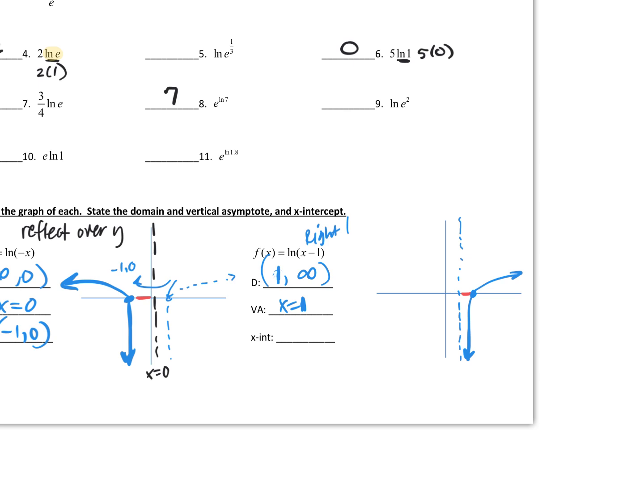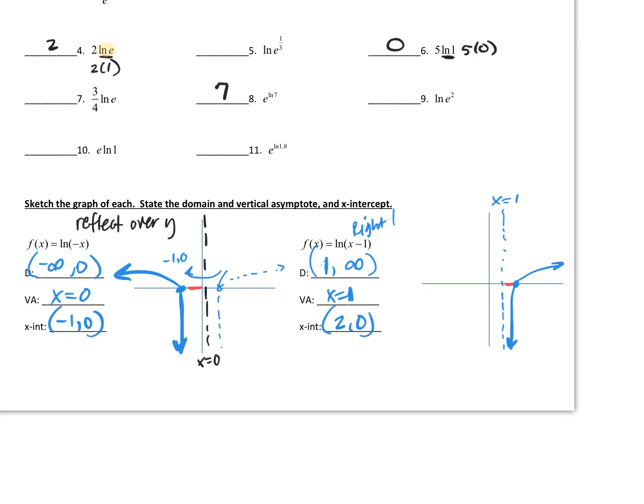And my x-intercept is now at 2, 0. Okay? Just like before, notice the pattern here. Whatever your asymptote is, that's the end of your domain. One of the ends, right? Asymptote 0, and there's one of my ends. So use that as a guideline.